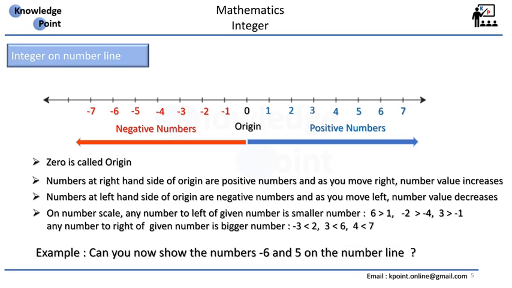Let's see a number line, and you can see here the -6 is circled. So -6 is negative, so naturally it is at the left side of the origin. And this is +5, which is of course right side of the origin, and this is a positive number.